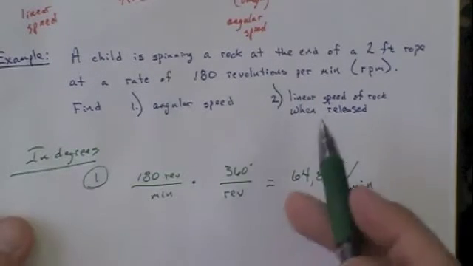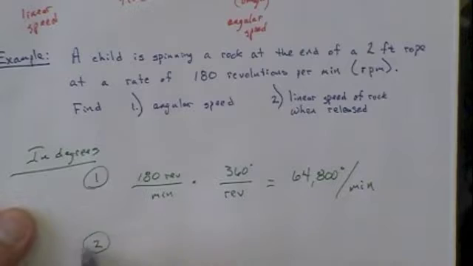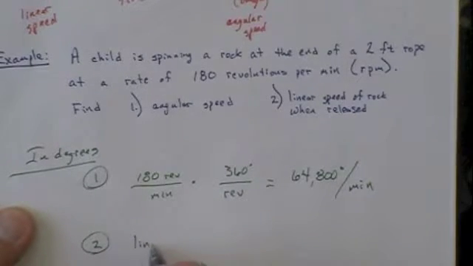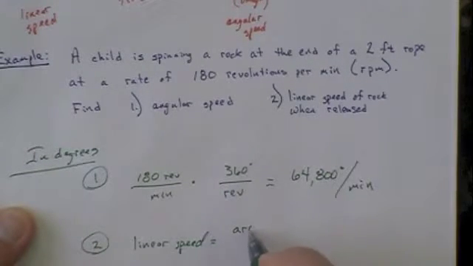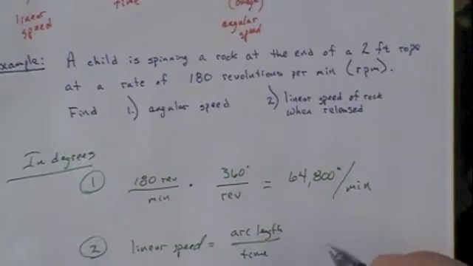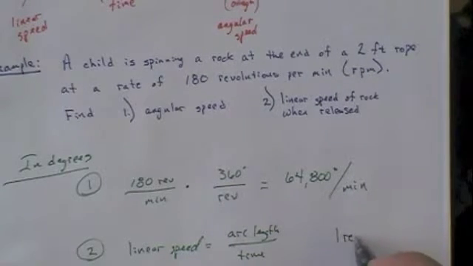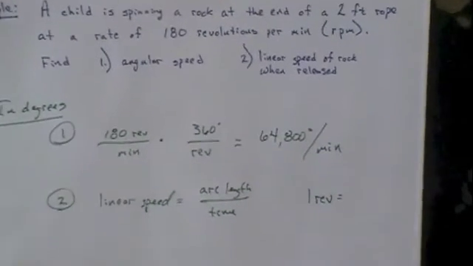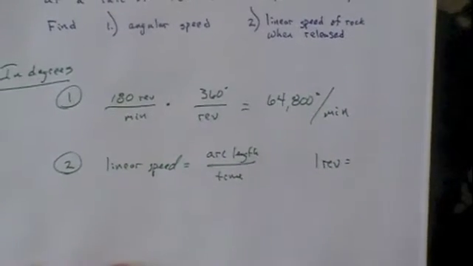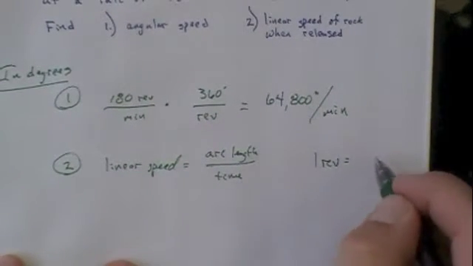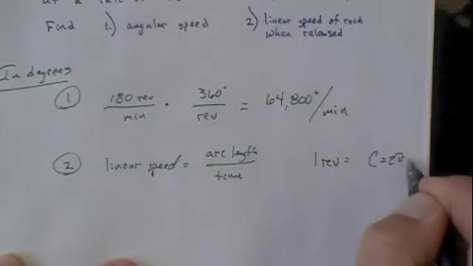Now, still working in degrees, if we're talking about the linear speed, then we're going to take the arc length and then we're going to divide that by time. All right, and we know that one revolution is going to be equal to the circumference, which is 2 times pi times r.